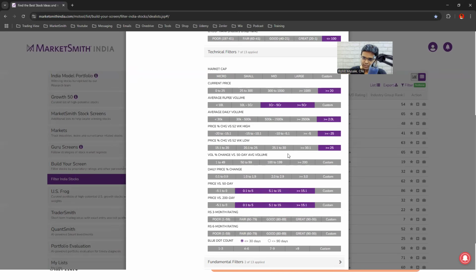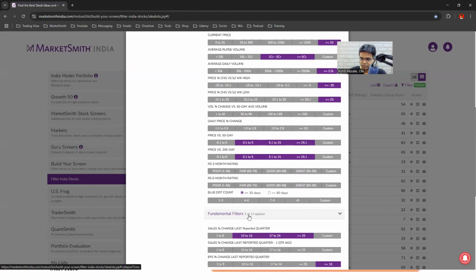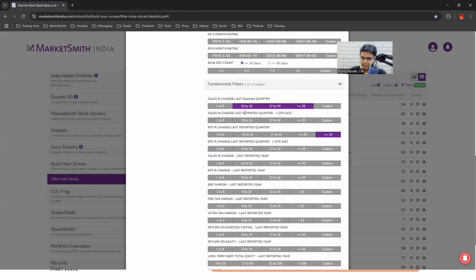Price should be at least 25% above the 52-week low. Price should be above the 50-day. Price should be above the 200-day. And since we are taking positional trades on the weekly chart, we have to put fundamental filters. So at least double-digit sales growth quarterly and EPS at least 18% growth quarterly.